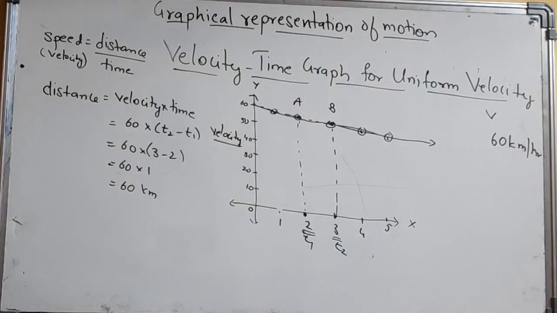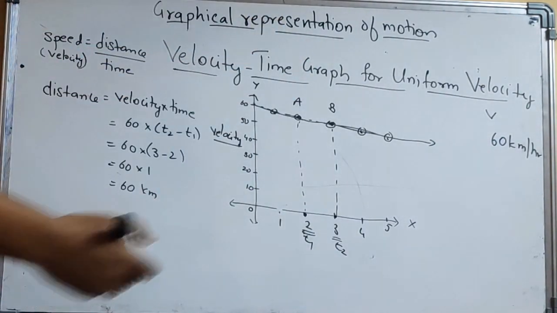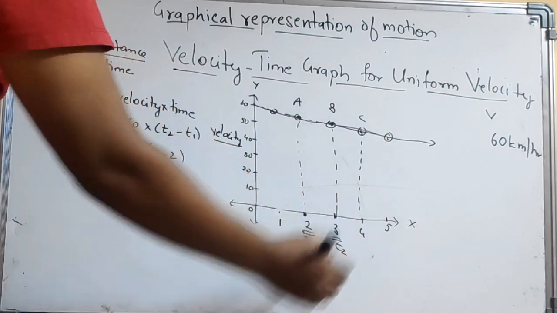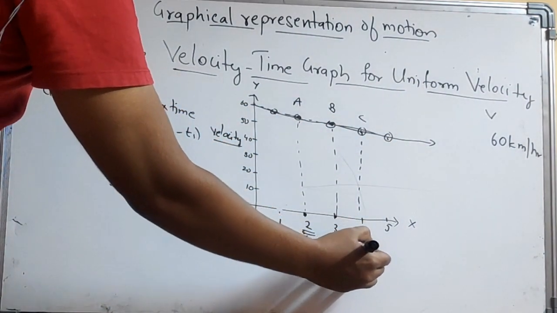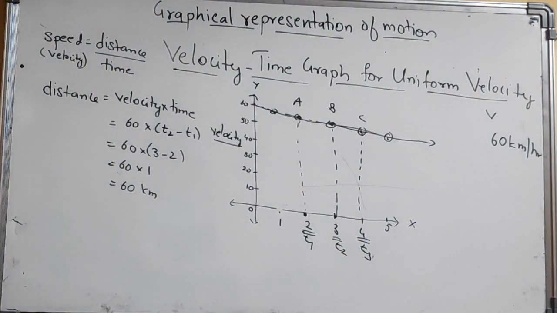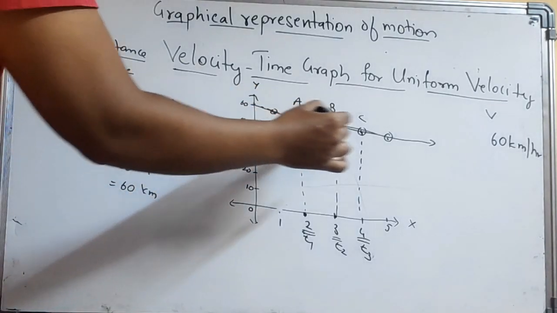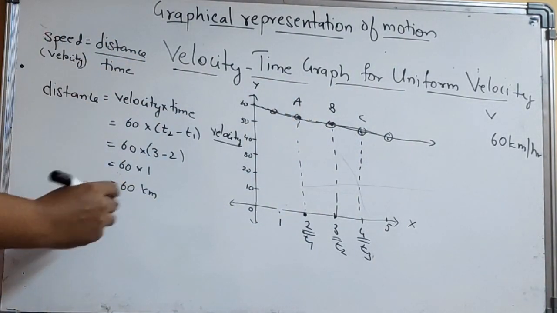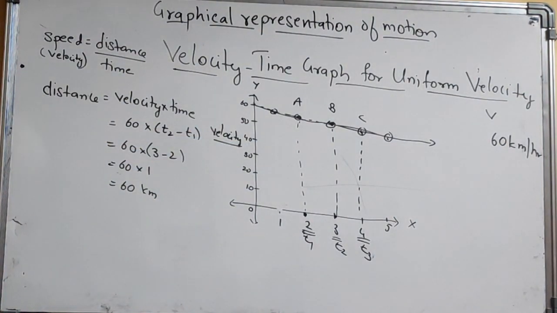Now we'll take one more point, say point C. Point C is at this position, so this is T3. Let us find out the distance covered moving from point A to point C. So this is case 1. I'll just erase this part.